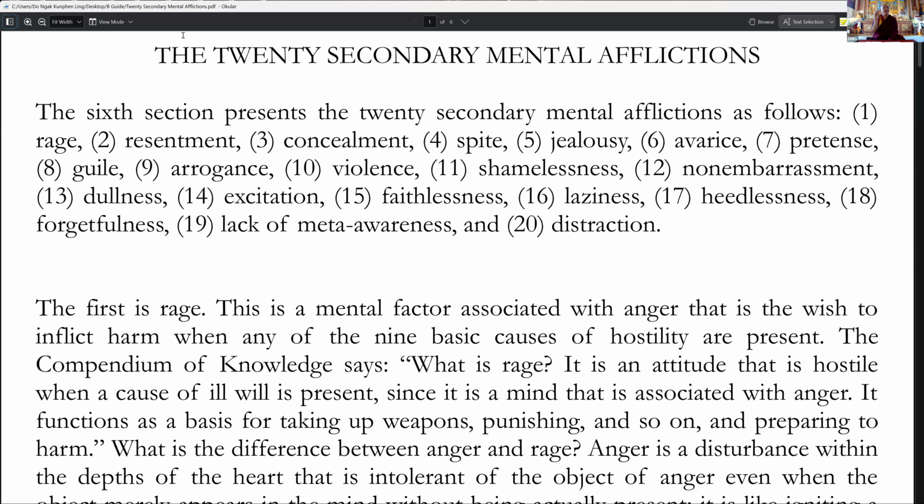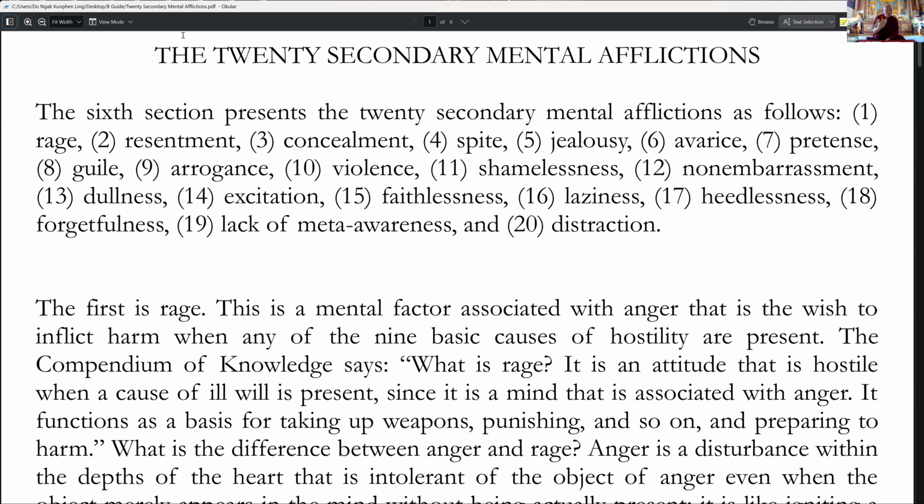So those are the main ones, and all the secondary mental afflictions arise either from attachment, anger, or ignorance, or some arise from all three. Some arise individually from attachment. Some arise individually.